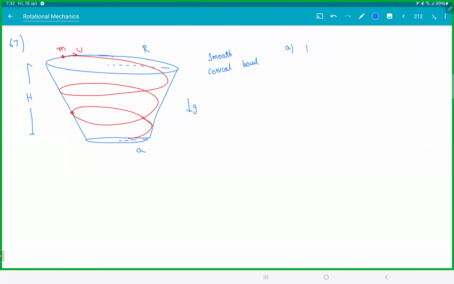The first question. Find u minimum if the particle does not come out from the lower opening. This is the lower opening.